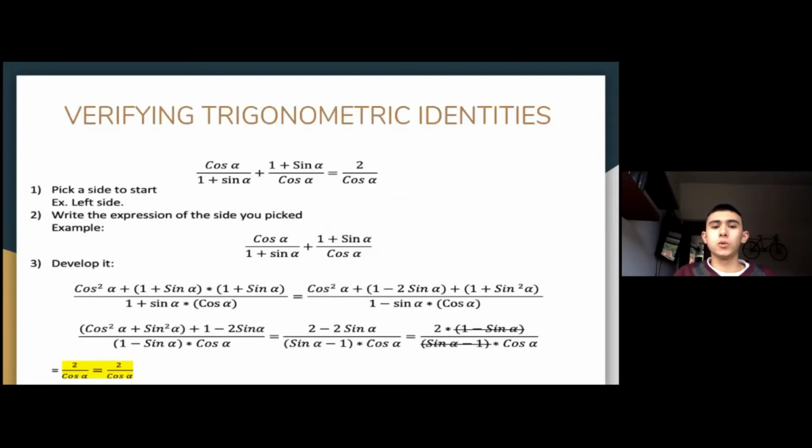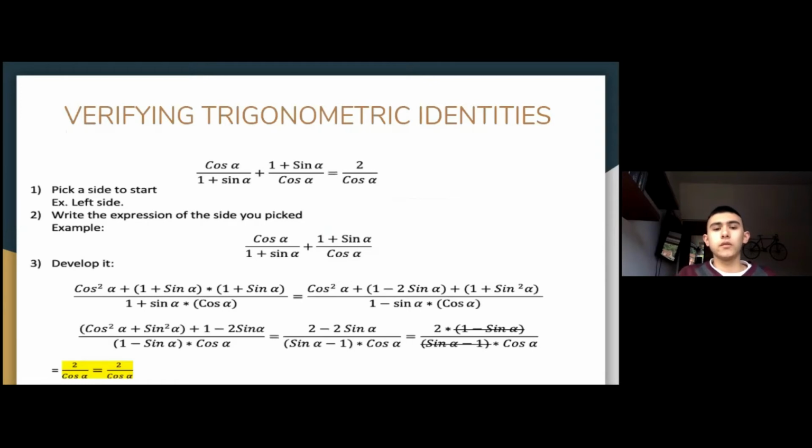Now, we will show you an exercise and I will be explaining how to develop it. So, here we have an exercise which is cosine of a divided by 1 plus sin a, plus 1 plus sin a divided by cosine a, is equal to 2 divided by cosine of a.